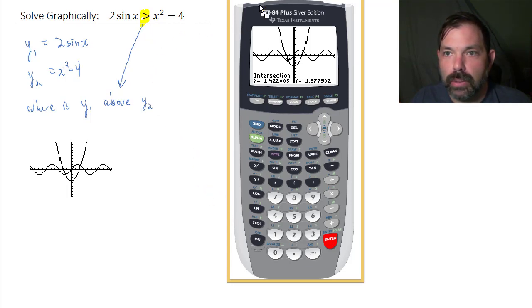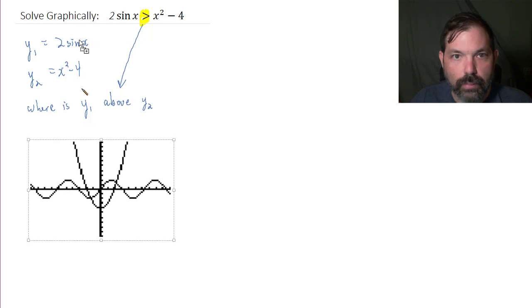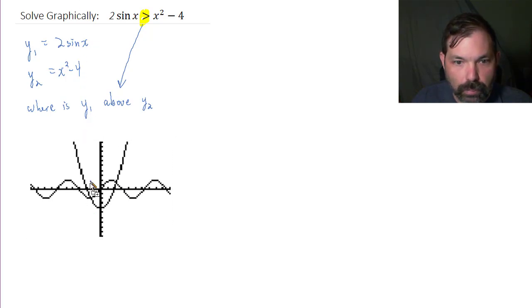Let me note that. Negative 1.422. So this level right here is at negative 1.422.